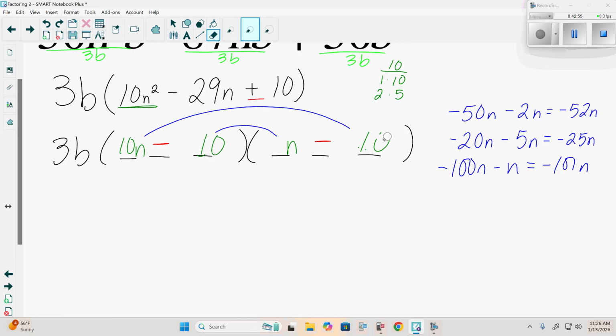Now the only possible arrangement we have left with our 10n and n is 10 and 1, but that gives us 10n minus 10. They have a common factor of 10. So what we have to switch is to 2n and 5n.